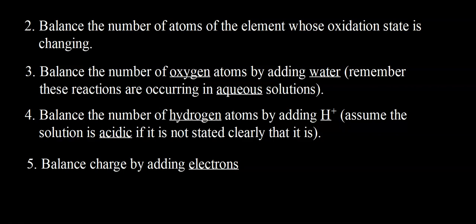Next step, and this is where most students make mistakes. They balance mass, okay, it's balancing charge. And so you're going to balance charge by adding electrons to the appropriate side. Now here's where step 1 is important. If you know what substance is being oxidized and what substance is being reduced, then you will be able to easily determine which side of the half reaction the electrons go on.